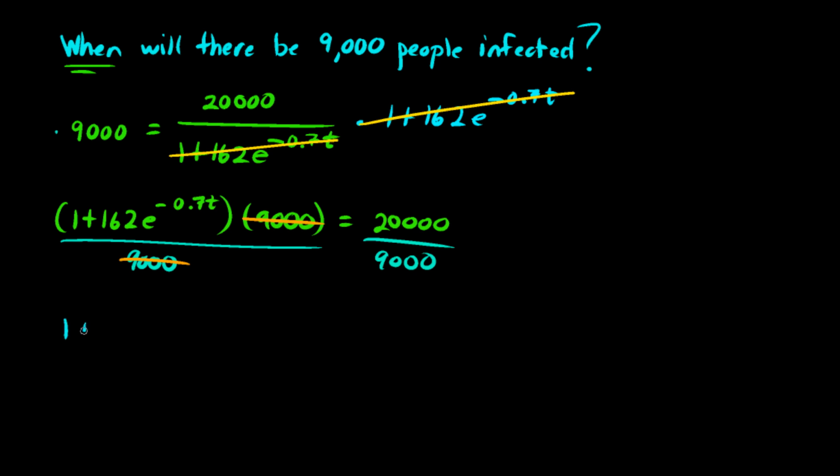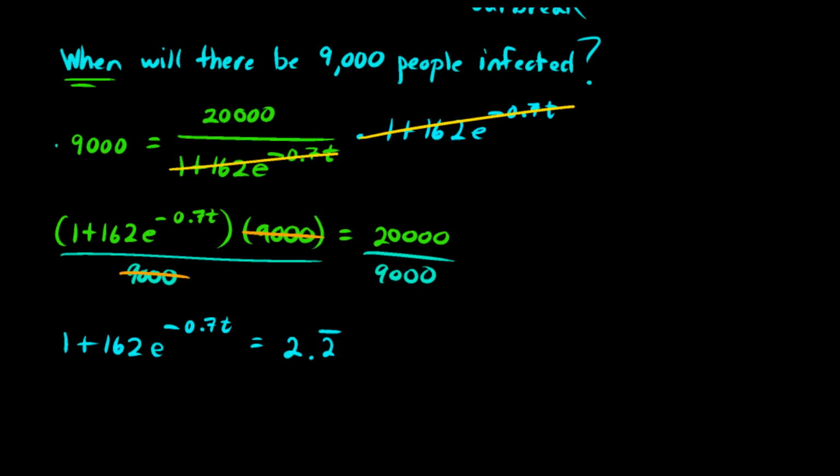So we're going to have 1 plus 162e to the negative 0.7t equals 20,000 divided by 9,000, which is 2.2 repeating, or 20/9ths.